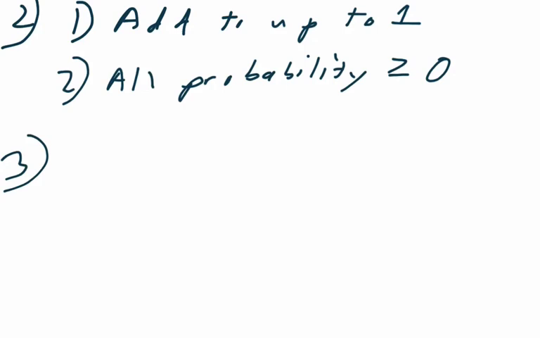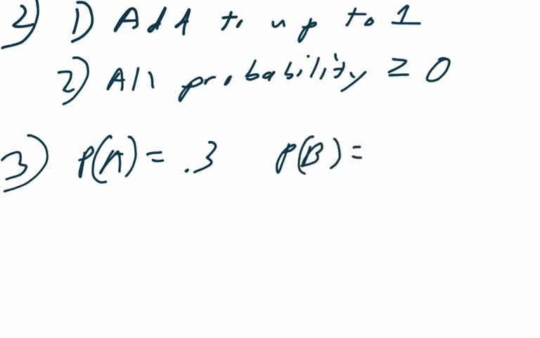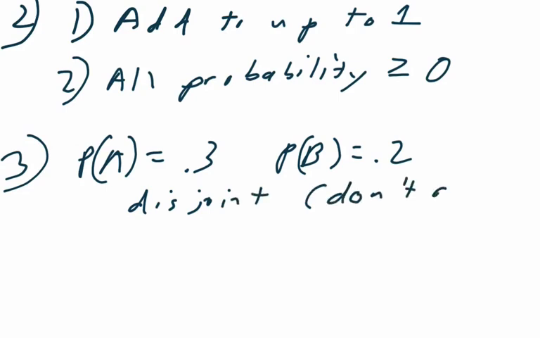For problem number 3, event A is equal to 0.3, event B is equal to 0.2, and they are disjoint, which means they don't happen at the same time.